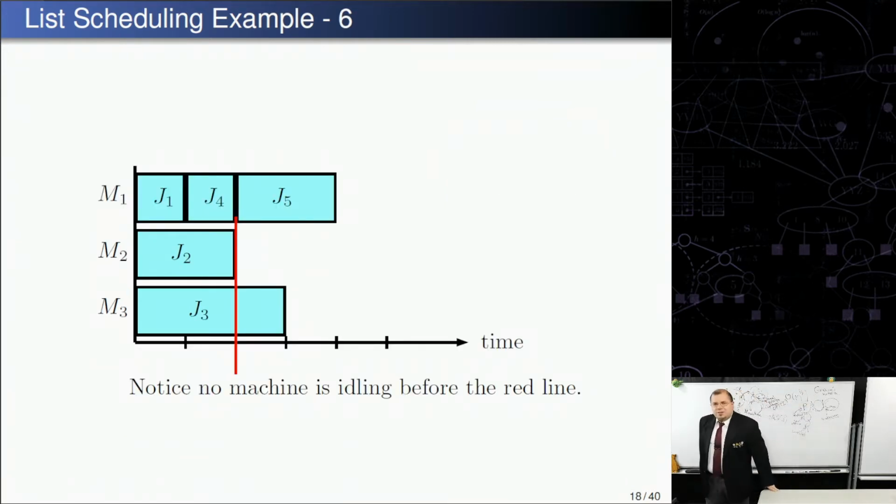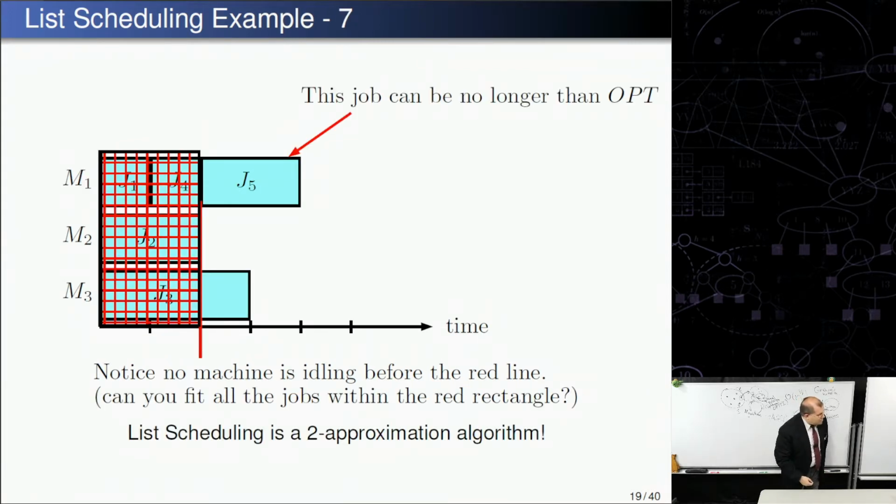So notice there is no idling going on, even after I put job 5 on there. So where do we go with this? Well, I just want to make 2 observations for you. I'm not going to do the proof here just for the sake of time. The first one is, if you look at the machine that schedules the last job, notice that we put it on there because that machine was a machine with least load.